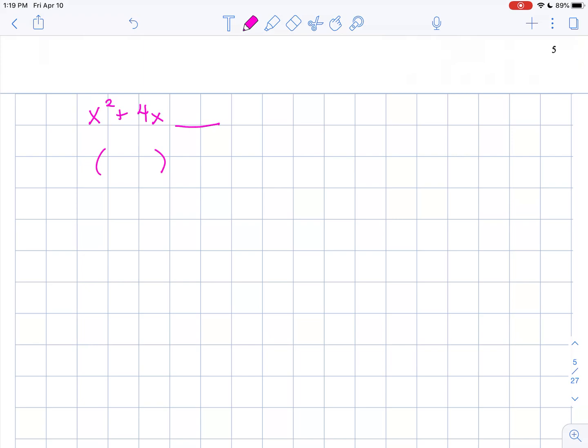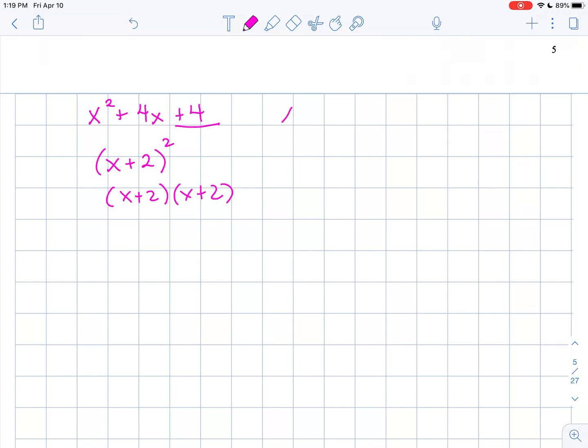The goal is that if I were to factor this, I would get x plus 2 quantity squared. If I multiply it out, x plus 2 times x plus 2, the value you need there is positive 4.